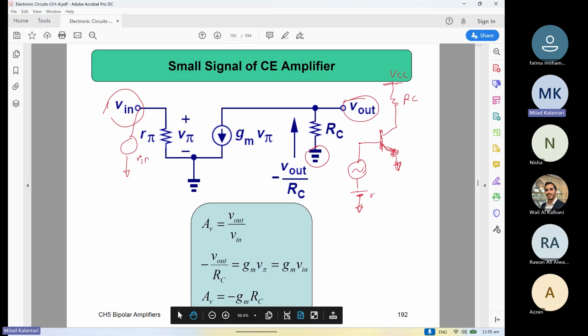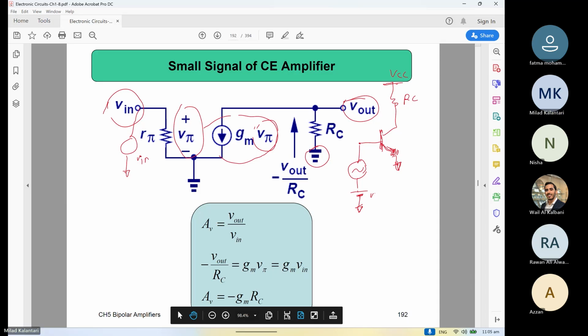So this one is pretty easy, right? How pretty easy? Once you apply a voltage at the input, the V pi, which is over here also, is just V in, right? So you already know the output current. It's easy, right? The output current is just gm times the V in, and this output current is just passing through your resistor, right?